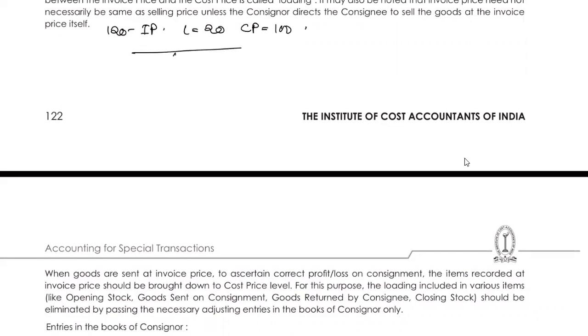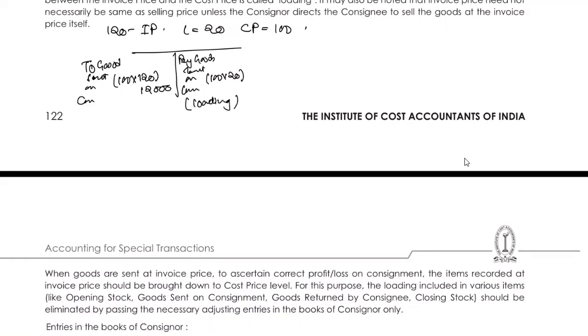So suppose this is a consignment account. What will you write? To goods sent on consignment. Suppose 100 products are there, and we have sent them at 120 invoice price, so it is 12,000. Now this 120 has a loading of 20. To adjust this entry, what will you write? By goods sent on consignment, 100 into that loading price, and in brackets you will write loading.